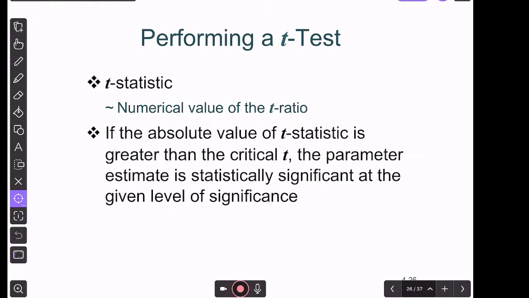What does statistically significant mean? It means you would reject H naught and say B is not equal to 0. B demonstrates a trend.